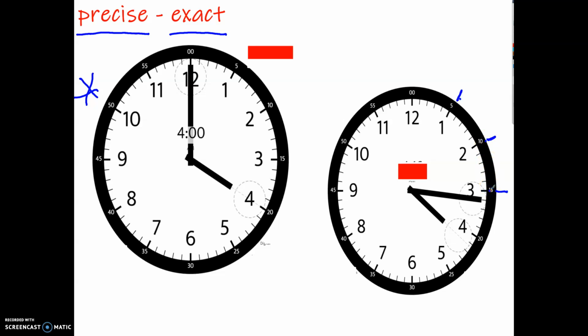I just can't say that's 4:15 because this minute hand is pointing at this tick line. So I have to continue then counting on by 1s. So 5, 10, 15. The next tick line will be 16. So the time on this clock is 4:16.